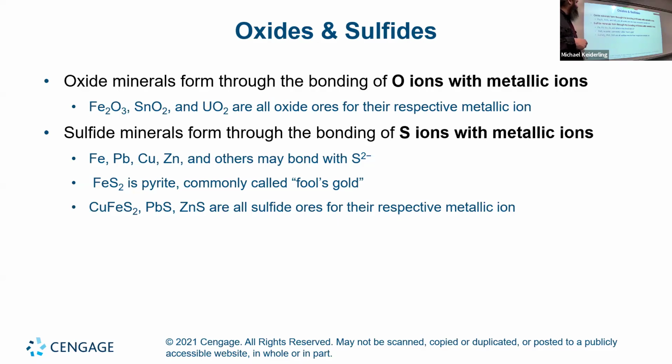Copper iron sulfide, lead sulfide, which is galena. Galena is a town in western Illinois that they mined a lot of lead in. It's named after the mineral you get the lead from. And zinc sulfide are all sulfide ores for the respective metallic ion.